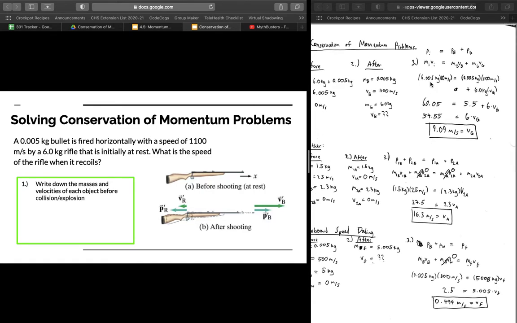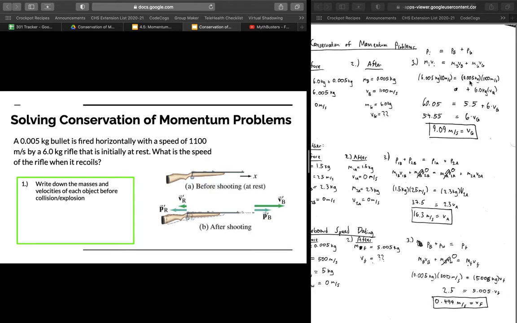So now what we're going to do is set our initial momentum equal to our final momentum. And so our initial momentum is going to consist of just the initial momentum of the gun and bullet together. So that's going to be mi, our initial mass, times vi, our initial velocity. So 6.005 kilograms times 0 meters per second. And then that's going to be equal to the momentum of the bullet plus the momentum of the gun after being fired. So that's going to be mass of the bullet times velocity of the bullet plus mass of the gun times velocity of the gun.